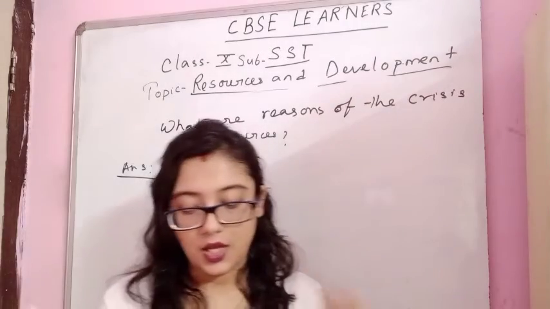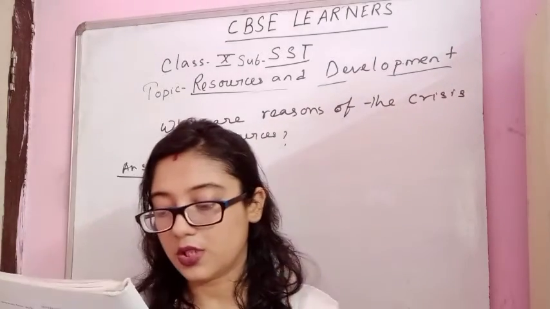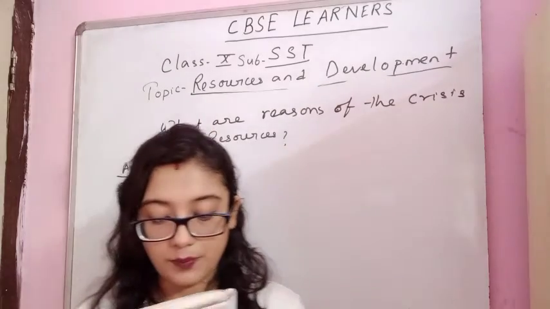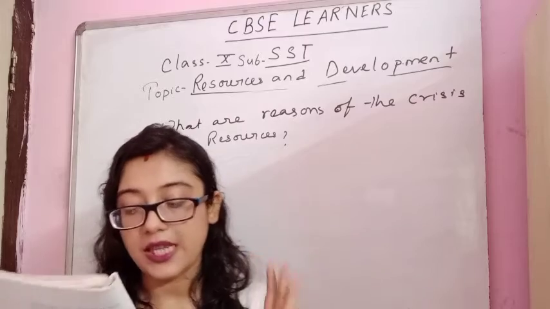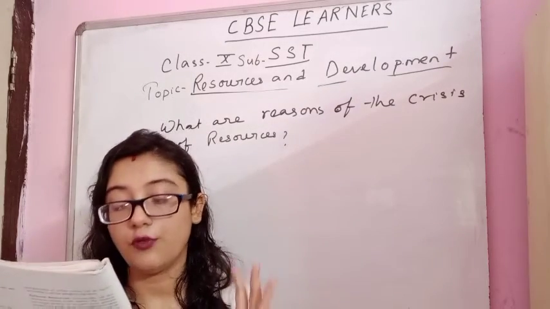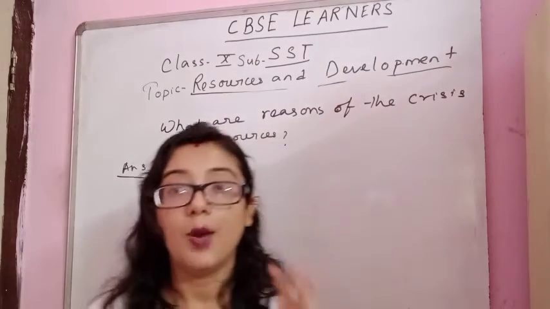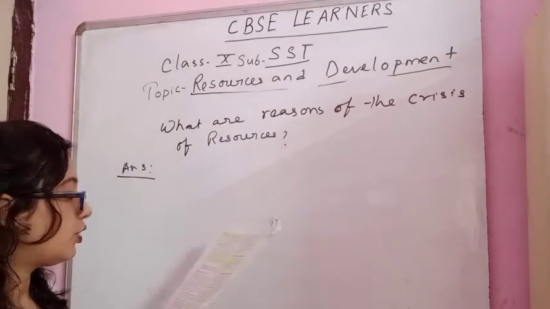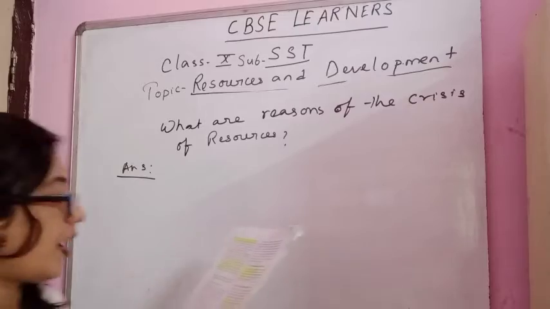Now see, depletion of resources for satisfying the greed of a few individuals. As a result, human beings used them indiscriminately, and this led to the following major problems. So what are the problems we are facing? What are the reasons for the crisis of resources?